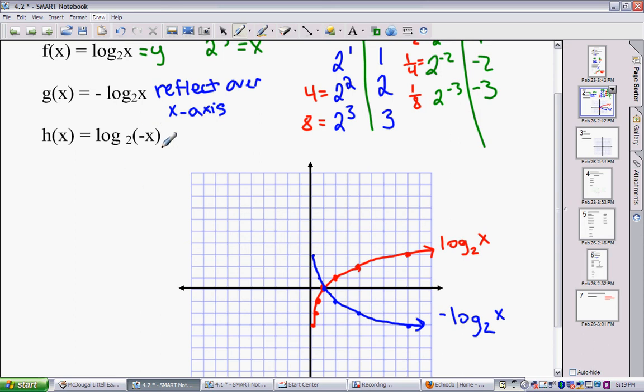Now the negative is in with the x. Remember from chapter 2 that this is also a reflection, but over the y-axis. So we are taking this curve and reflecting it.